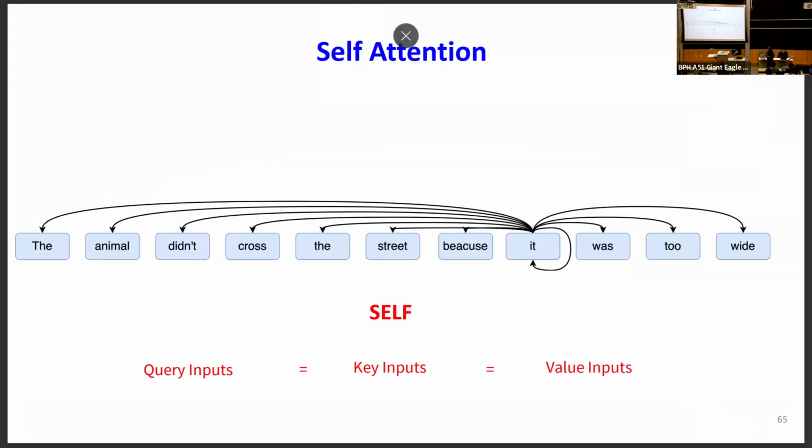That is the self nature of this attention: the entire attention calculated inside the encoder block uses values from the block itself. Every word is trying to find what every other word means.